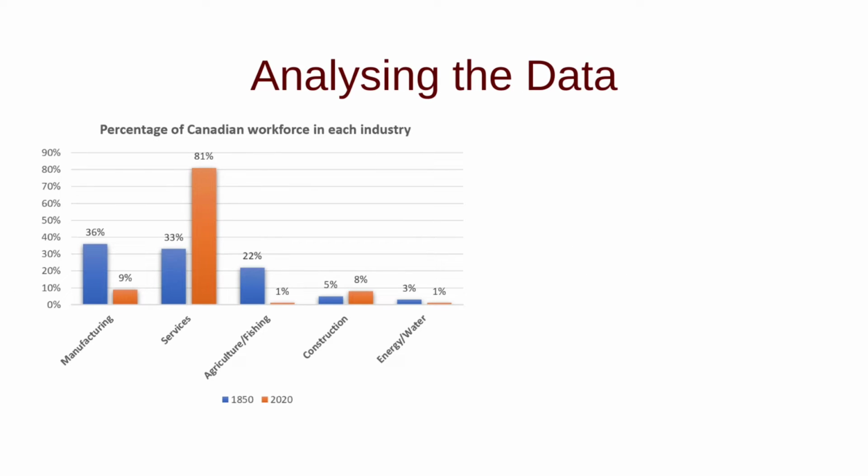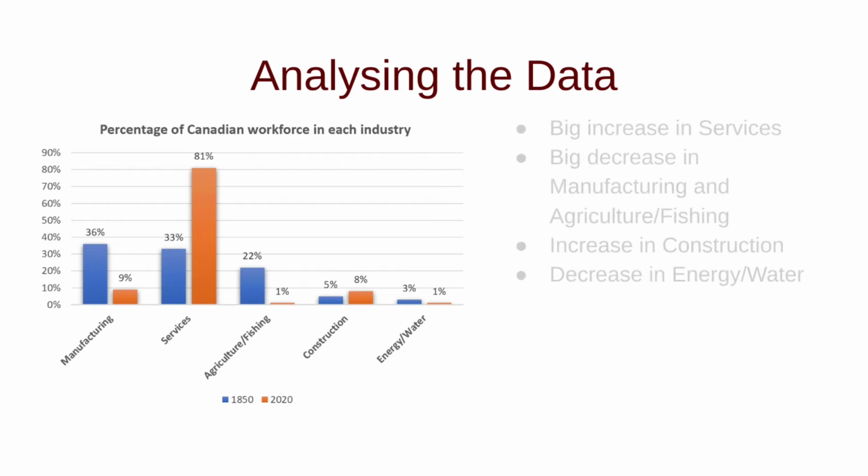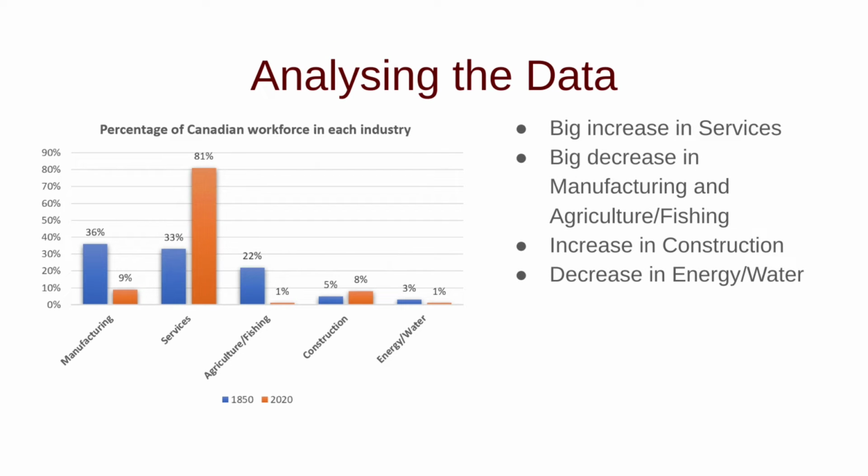So next, we need to look at the data. What can we see? What has changed between 1850 and 2020? What are the main trends? And this is going to be our next paragraph, the main trends. And so for me, the most obvious thing here is the increase in the number of people working in services.